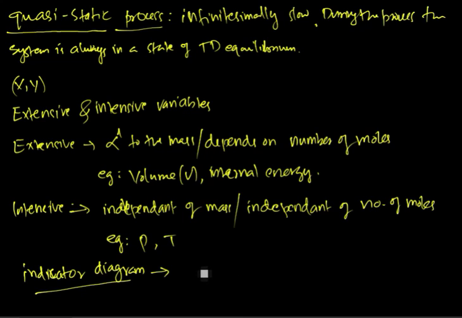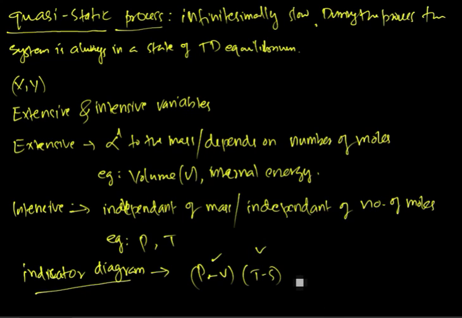You may be familiar with the pressure-volume diagram, the PV diagram, the TS diagram, etc. These are examples of the indicator diagram. In this chapter we will consider the PV diagram and TS diagram of different processes.